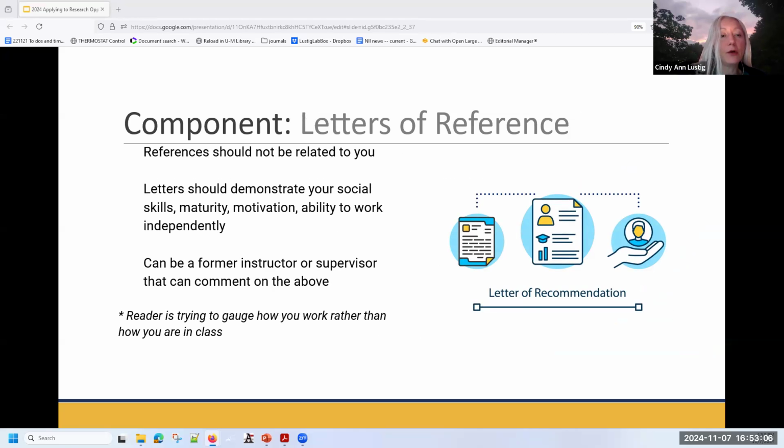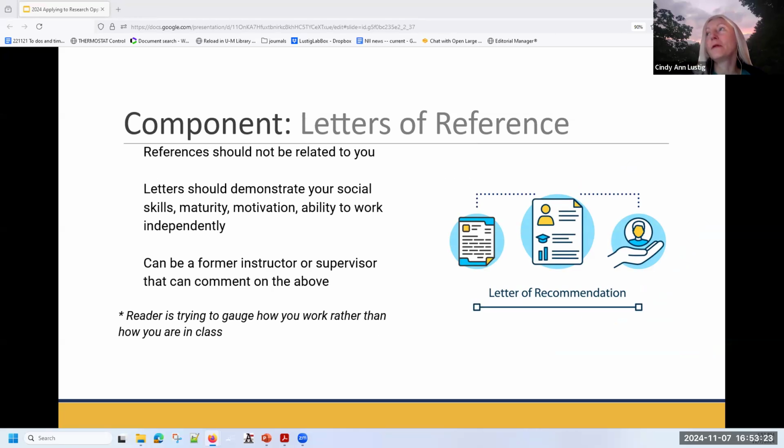So the next component: you may often be asked for letters of reference. They should not be from people who are related to you. We generally do not want a letter from your mom or from your uncle. They may think that you're the greatest person in the world, but that's not as relevant.